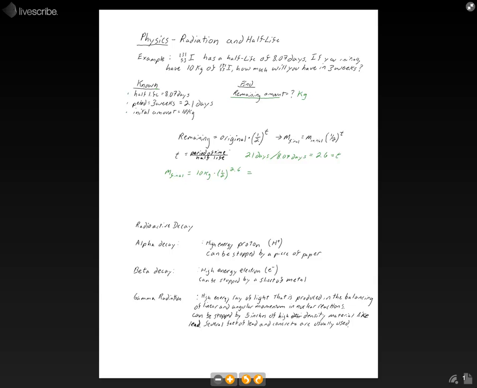Now when you solve this out, you come up with M final, or the remaining amount, equals 1.649 kilograms of iodine-131.